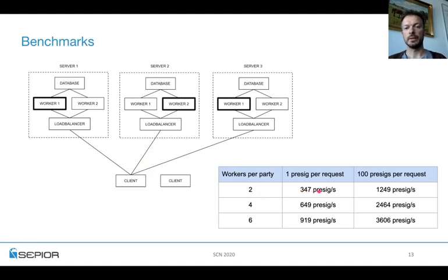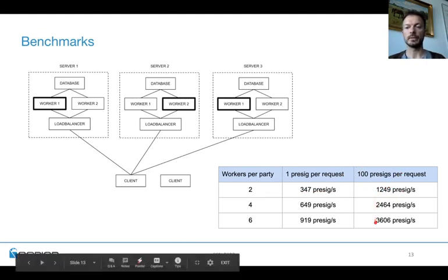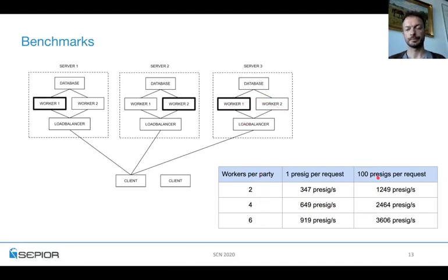What we can see here from the benchmarks is that, especially if we batch benchmarks, we get a pretty high throughput, and we also see this almost linear growth here. So what we get is horizontal scalability. The more workers we add here, the higher throughput we get.